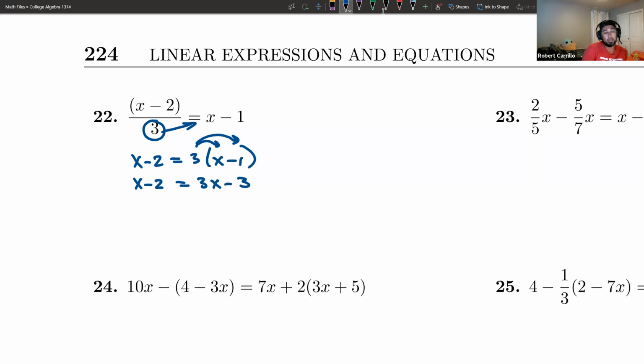And now put your x's on one side. And again, it doesn't matter. You can put your x's on the left. You can put your x's on the right. So let's go ahead and practice by putting the x's on the right side. Why not? I'll take this x, move it to the left. And then I'll take this 3 and add it to the right side.